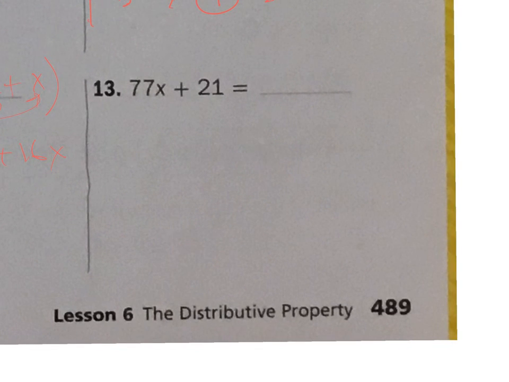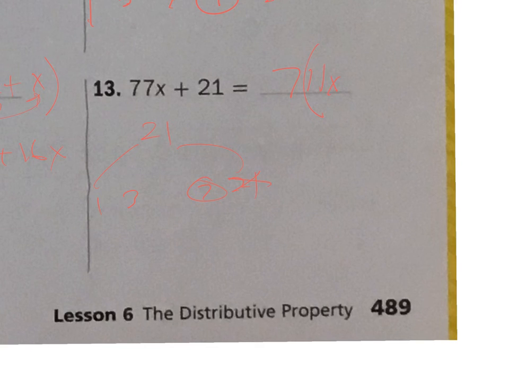It's our last one. 21. 1, 21, 2, no, 3, and 7, 4, no, 5, no, 6, no. Okay, so we have 21, 7, 3, 1. That one doesn't go into both of them. The 7 does. So let's have 7 here. How many times does 7 go into 77? 11.